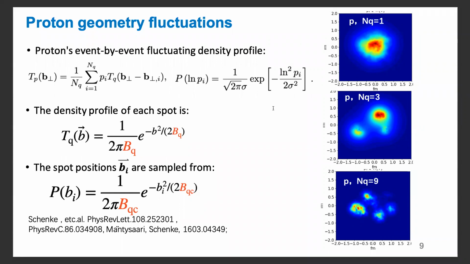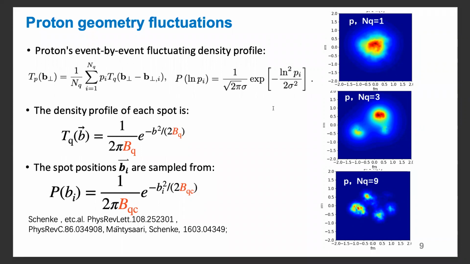The reason we use this log-normal distribution of p_i is that it can describe the LHC multiplicity distribution in pp collisions. And we have a parameter sigma that controls the weight of each hotspot, or the fluctuations of each hotspot.